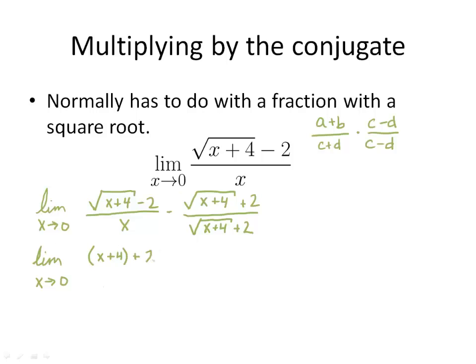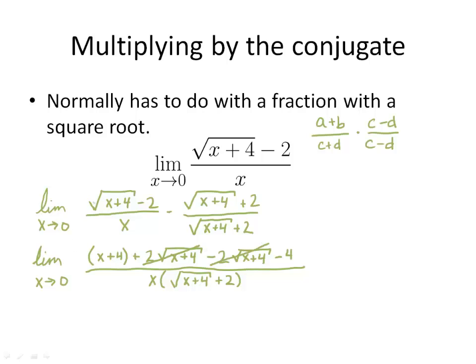So plus 2 square root of x plus 4, minus 2 square root of x plus 4, minus 4, all over, I'm just going to leave the x in the denominator factored out, square root of x plus 4 plus 2. The beauty of multiplying by the conjugate is that the middle term goes away.